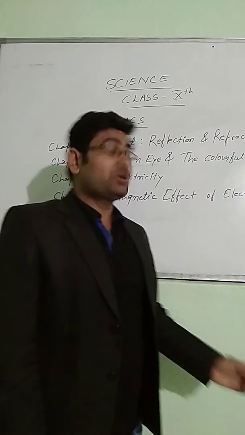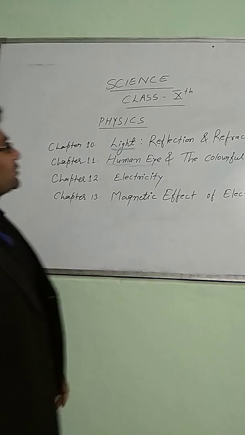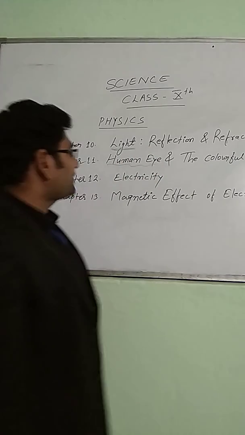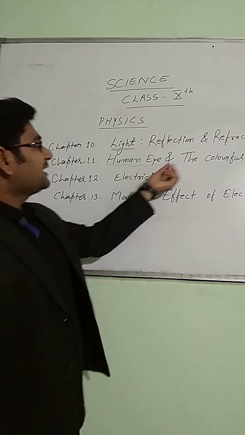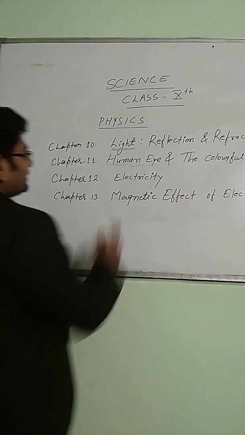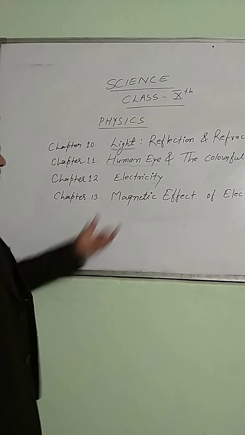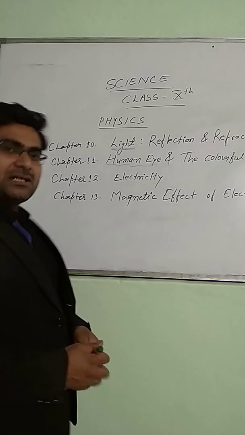Here you have to study in detail about light, reflection and refraction, human eye and the colorful world. Also electricity is new for you, and magnetic effect of electric current.